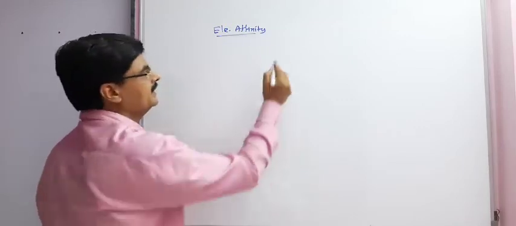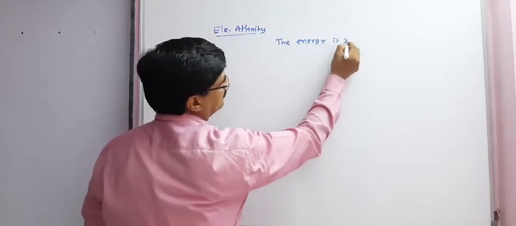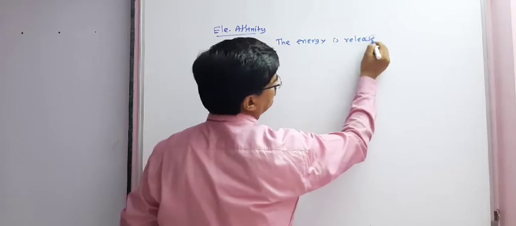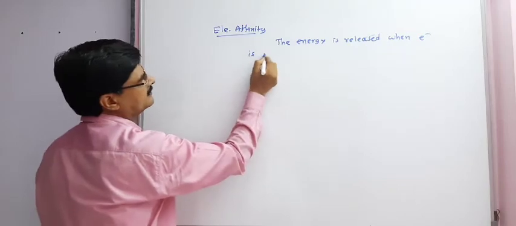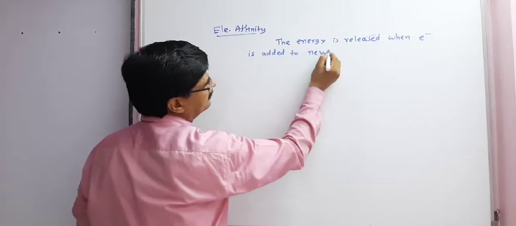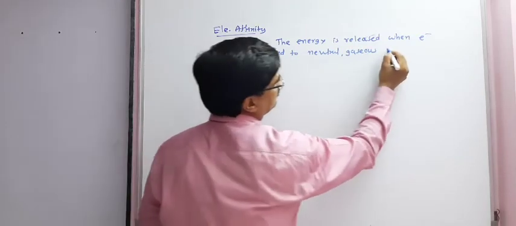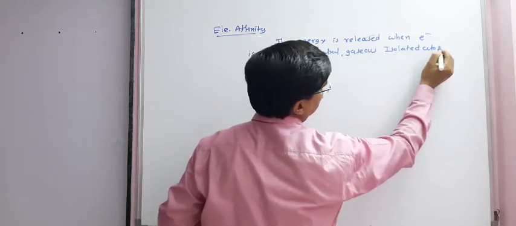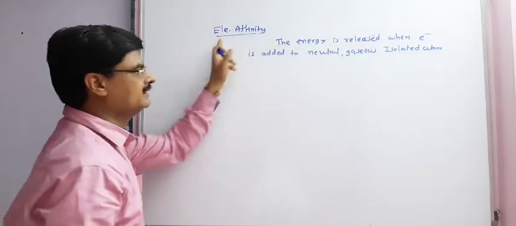Definition of electron affinity: the energy released when an electron is added to a neutral gaseous isolated atom, that energy is said to be electron affinity.